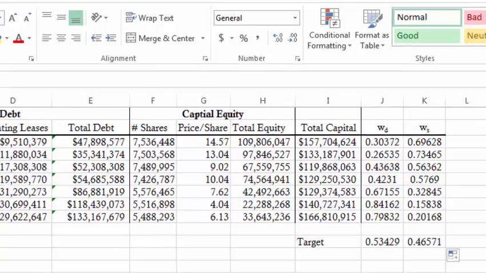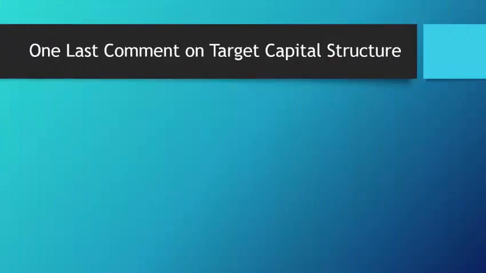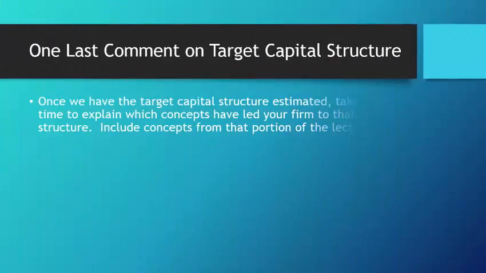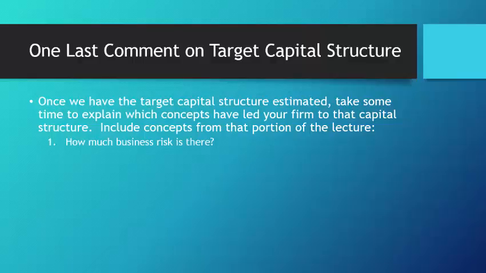In fact, let me go back and summarize. One last comment on target capital structure. Once we have the target capital structure estimated, take a little time and explain which concepts have led your firm to that capital structure. Remember, I used all of those things to say how much business risk did we have. Include in your discussion the stuff about business risk.